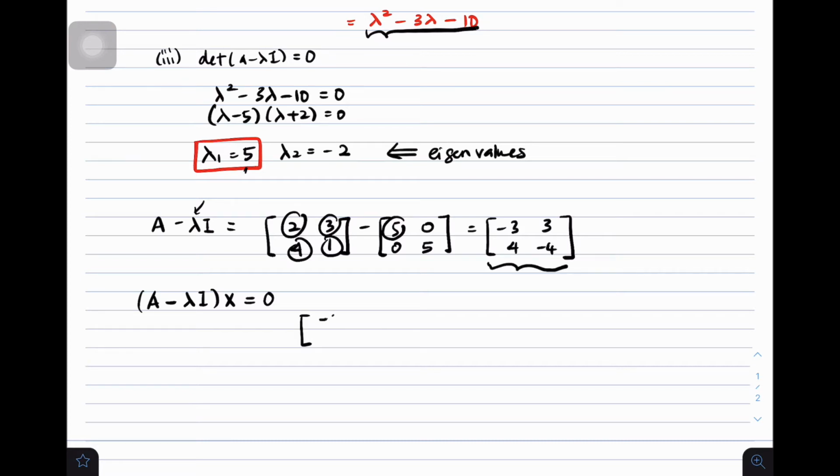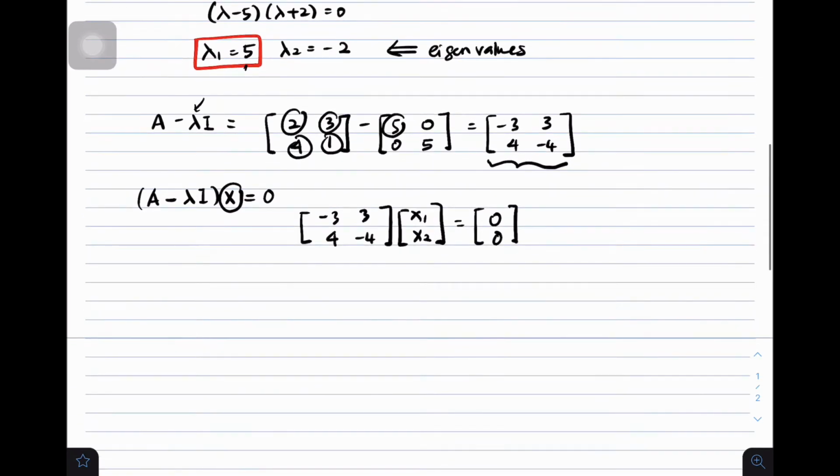So we have the matrix negative 3, 3, 4, negative 4 multiplied by the variable x, let's put it as x1 and x2, because you have two columns and therefore two unknowns, equal to 0, 0. Now you want to find the value of x1 and x2 because that will be your eigenvector. To find x1 and x2, we will use the knowledge in finding the solution to the system that we learned before.